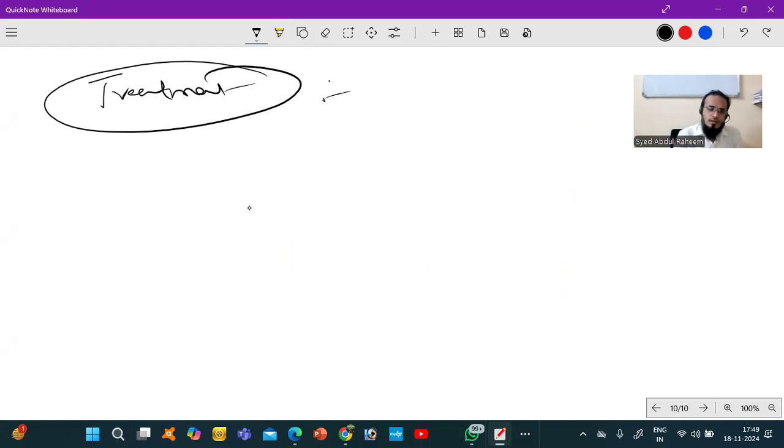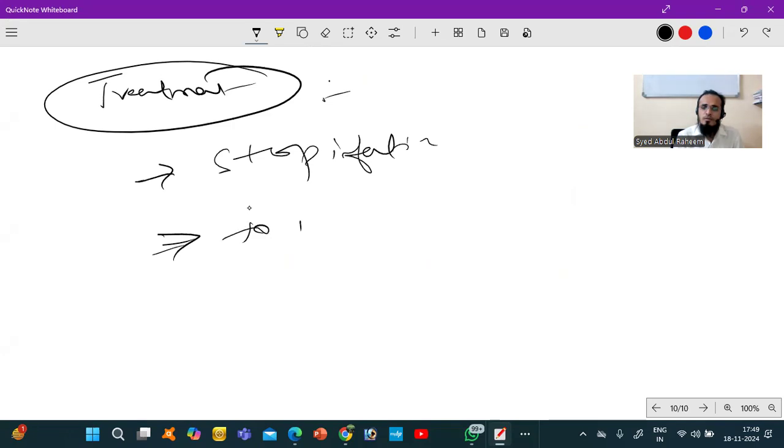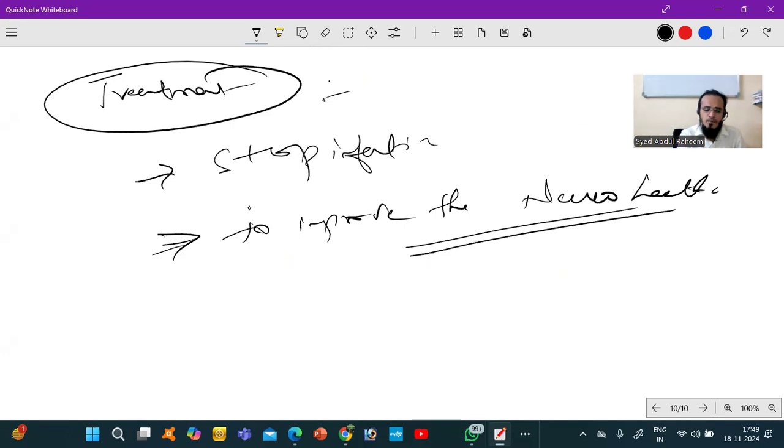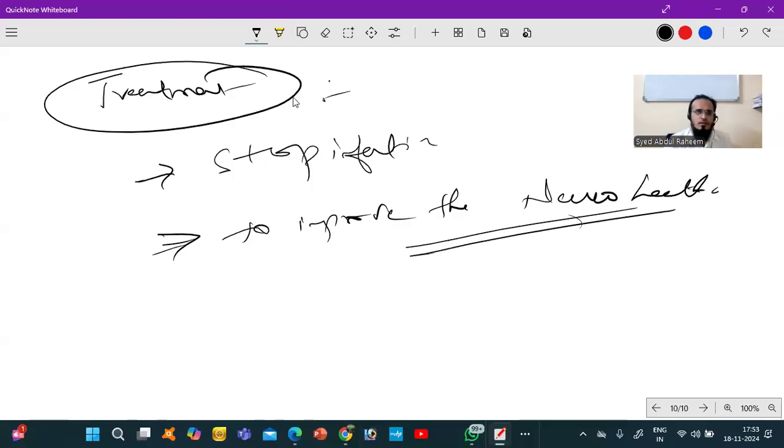So here, two things they can do. We have to stop the infection, and second, improve the neuron health. So the first aim is to stop the infection and to improve the neuron health. This is very important.